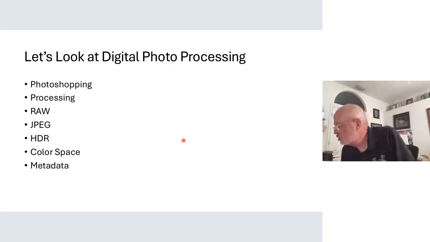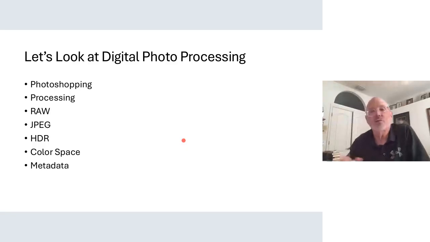JPEG, on the other hand, means Joint Photographic Experts Group. So as an organization that compresses raw photographs and turns them into JPEGs. And what this does is it balances high color detail up to 24-bit or 16.8 million colors, and it makes small file sizes so they're easier to process and easier to use.